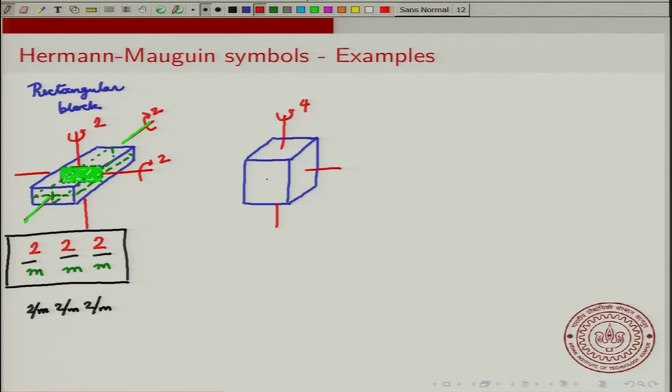So these two continue to be two-fold axes, but you have a four-fold axis.